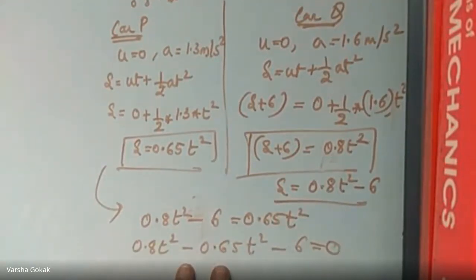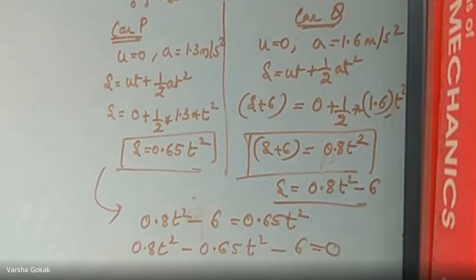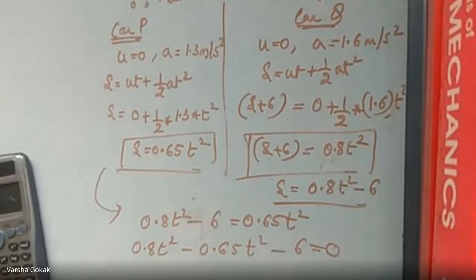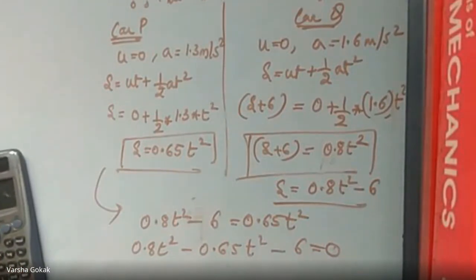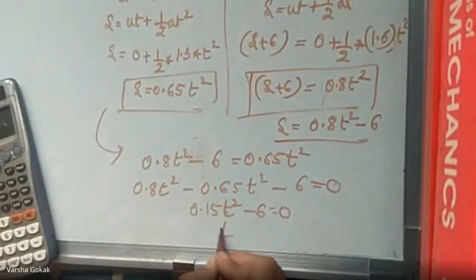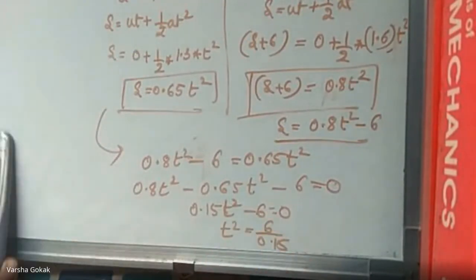So 0.8 minus 0.65, how much? Get me the value of t. 0.15 t square minus 6 equal to 0, or t square would be 6 divided by 0.15. From there, get the value of t.